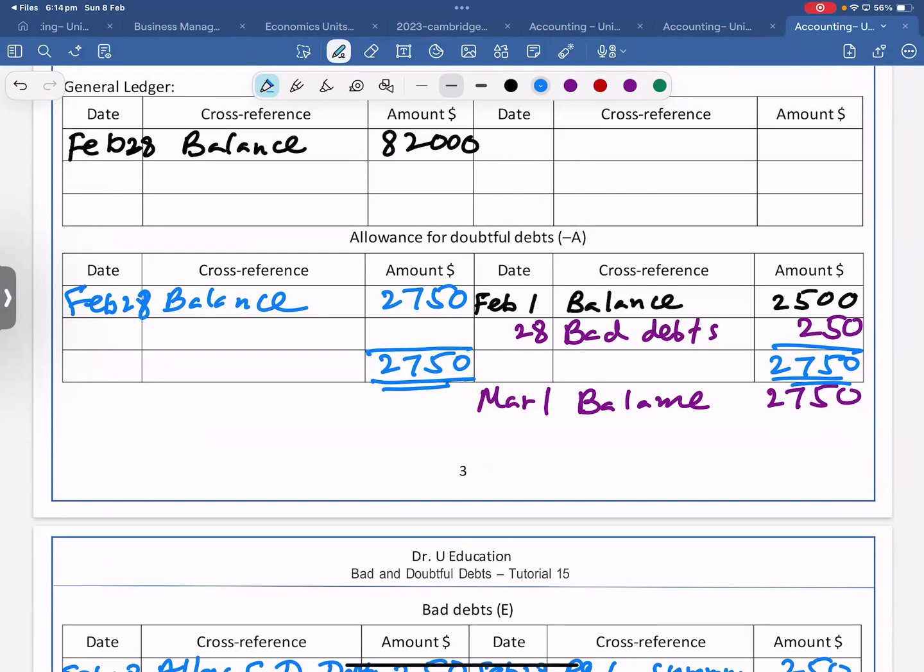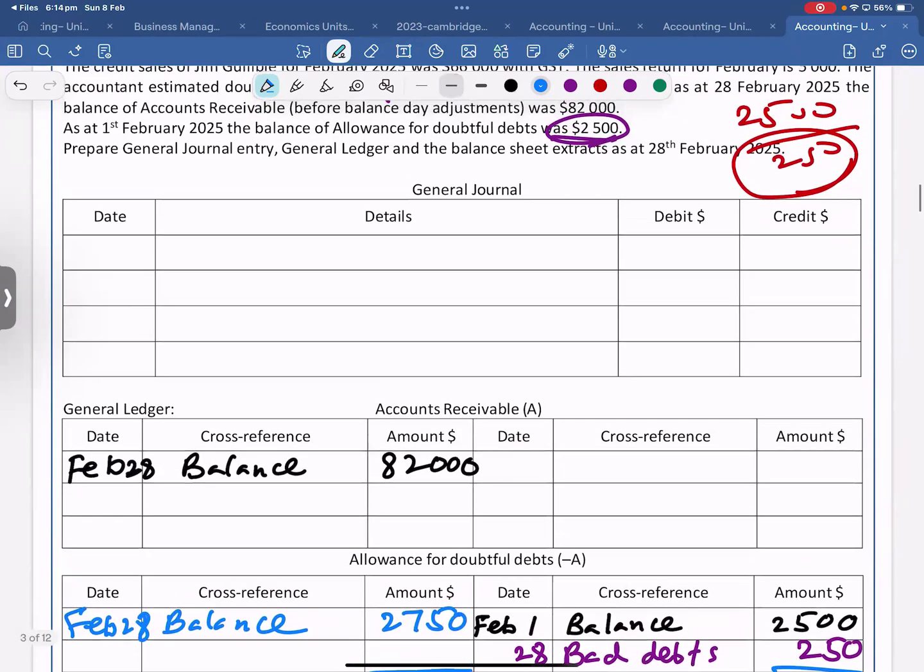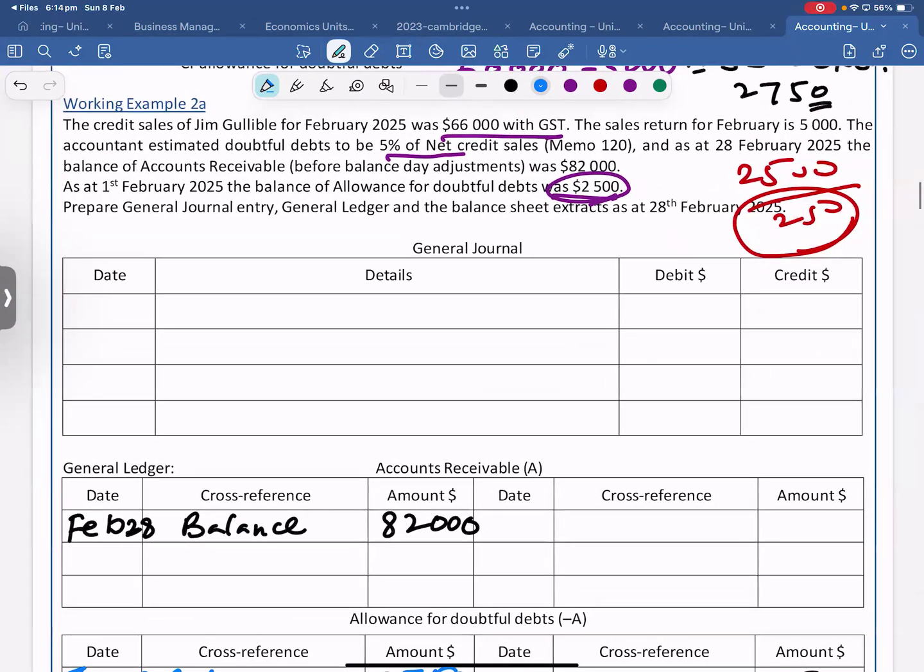Then guys, what would we do? We had, okay, what's the general journal entry? We didn't do it. Yes, February 28th. What's the general journal entry? Yes. Bad debts expense, debit. How much? 250. And credit, allowance for doubtful debt.